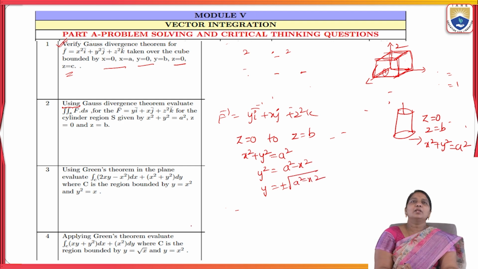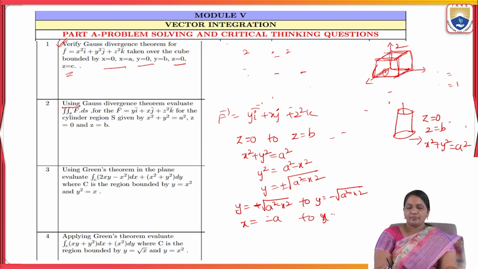This is the total region, so we take the y limit from minus square root of a square minus x square to plus square root of a square minus x square. When we take y as a variable, the x limits are minus a to plus a.